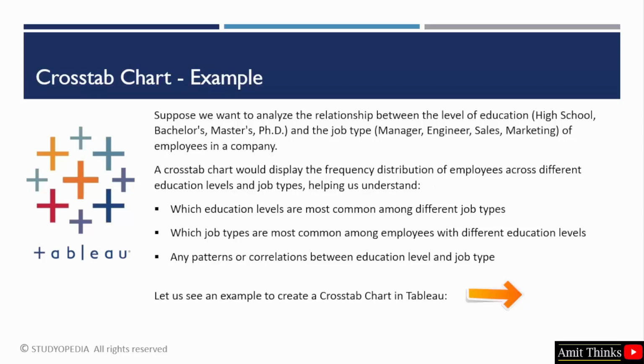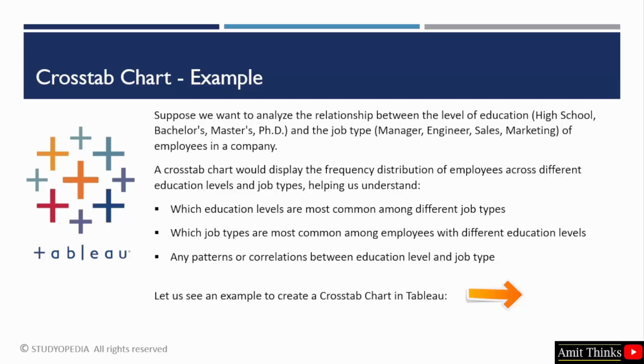So let us see another example to understand. We are analyzing the relationship between the level of education and the type of jobs. So level of education here can be high school, bachelor's or master's, even PhD. And the type of job can be sales, marketing or a manager, like employees in a company.